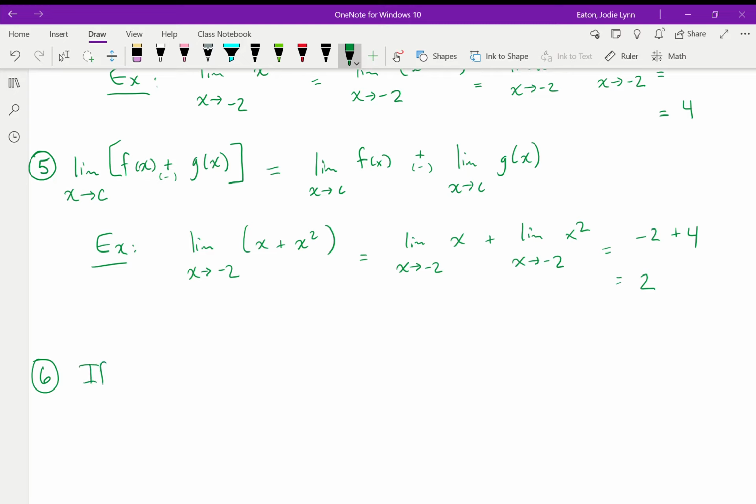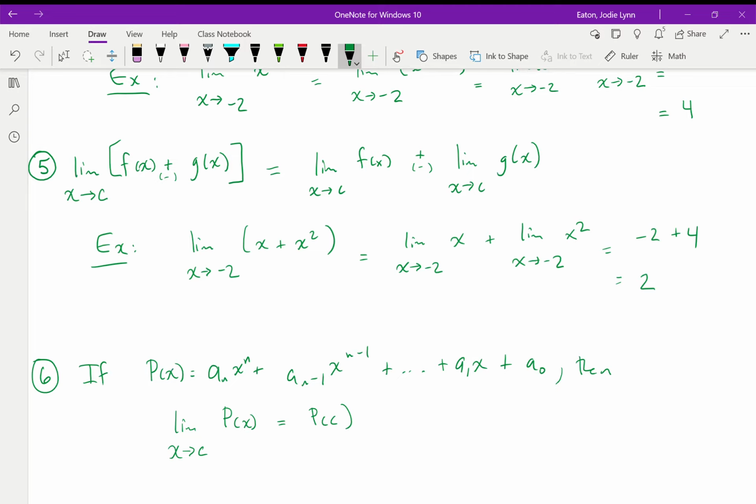If p of x equals a sub n x to the n plus a sub n minus 1 x to the n minus 1 plus ... plus a1 x plus a naught, then the limit as x approaches c of p of x is equal to p of c. And this is not just true for polynomials, but for any function that is continuous everywhere. And all polynomials are continuous everywhere.